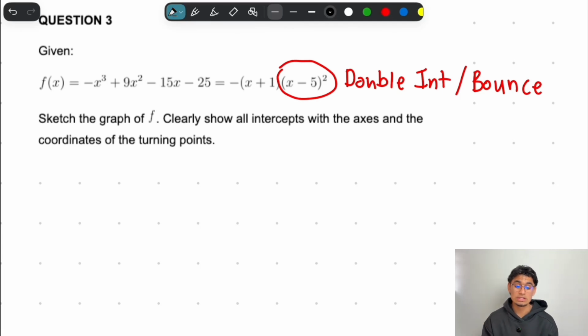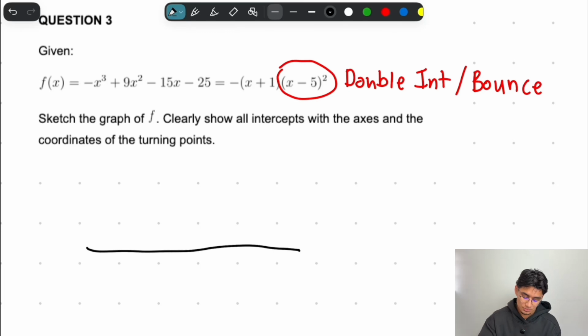All this means is that the bracket contains 2 x-intercepts, and it also means that bracket is the turning point. So what a bounce looks like, if you have the x-axis, is it touches it and bounces right back up. It doesn't cut through it completely. It just basically makes a tangent to it, if you want to think of it like that.